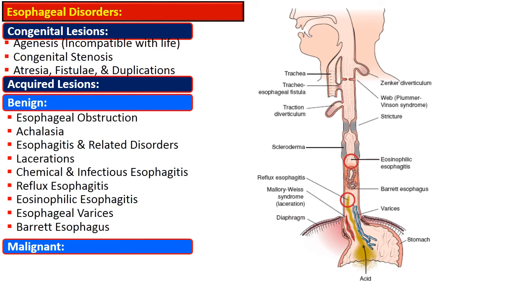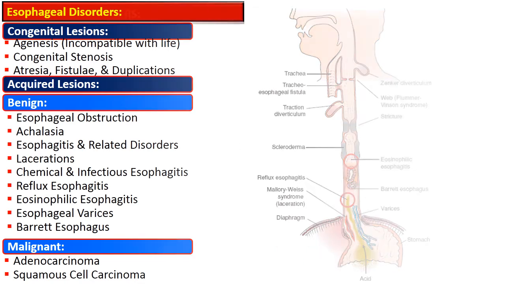The summary of the benign lesions is depicted in this picture, and they consist of obstruction of the esophagus, achalasia, esophagitis and related disorders, lacerations, chemical and infectious esophagitis, reflux esophagitis, eosinophilic esophagitis, esophageal varices, Barrett's esophagus, and the malignant lesions are adenocarcinoma and squamous cell carcinoma of the esophagus.